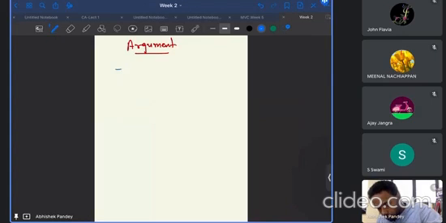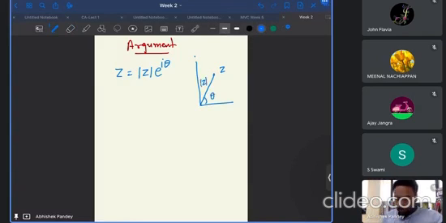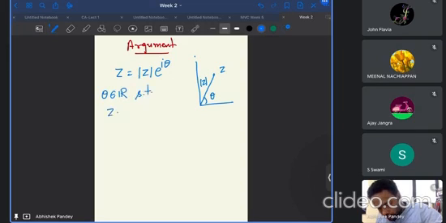So if you see the polar form, this will be mod Z naught e to the power iota theta. So this is kind of your Z. This is your theta and this is your mod Z. So theta belongs to R such that Z is equal to mod Z e to the power iota theta.